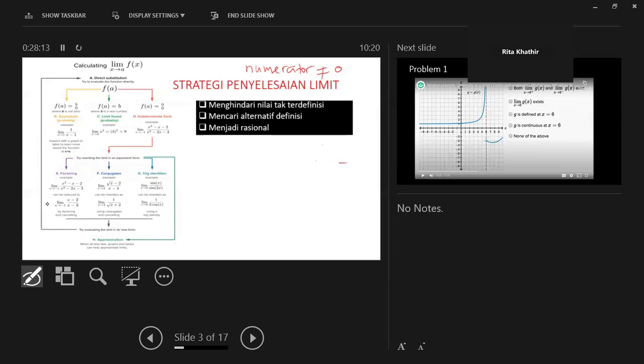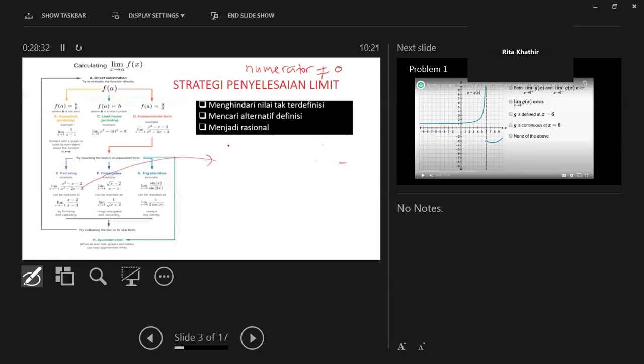One method to solve the problem is factoring. What is factoring? Of course, if you face a quadratic equation, you can make it from one to be two factors. You can make it simple. Let's see the example here.